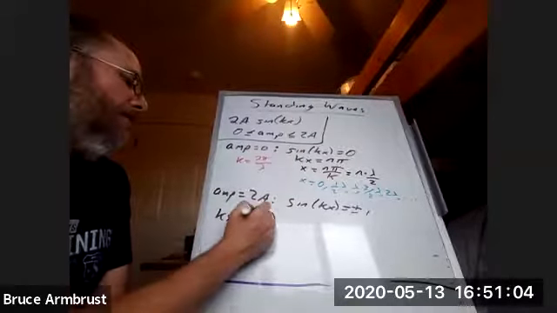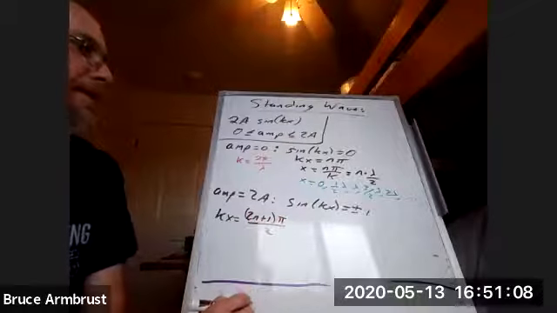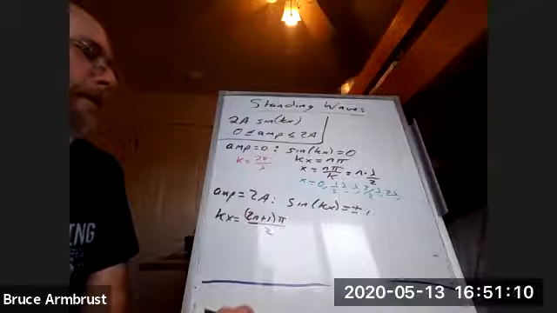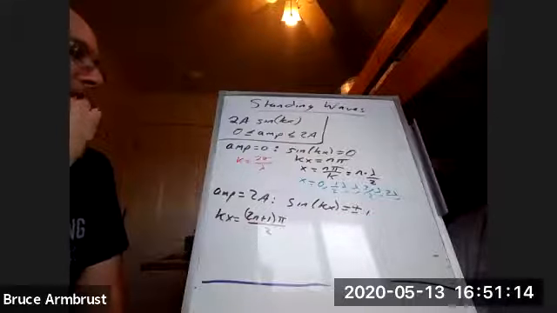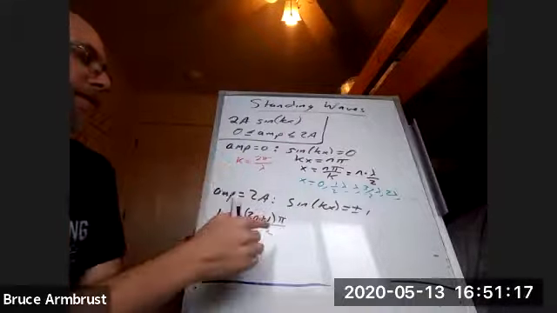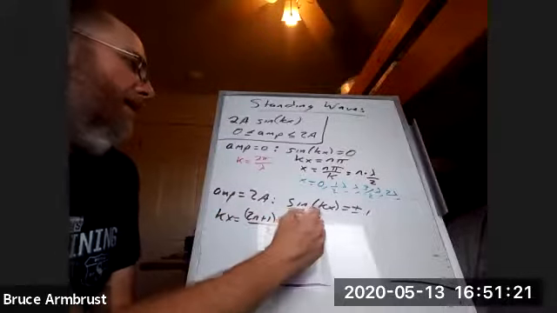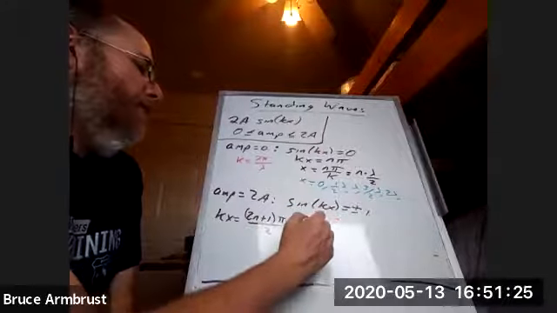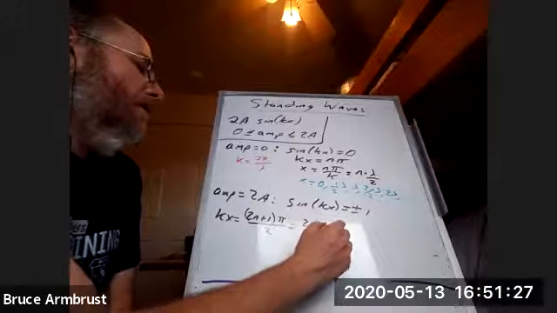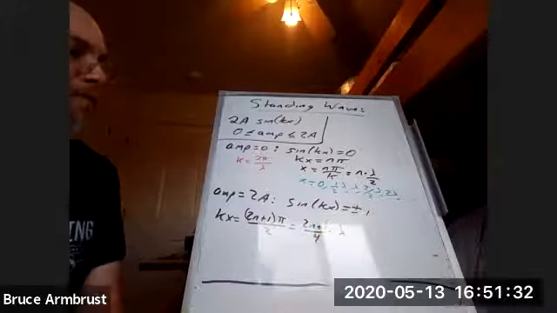So (2n plus 1) times pi over 2. And we do the exact same thing where we do the whole 2 pi over lambda and whatnot. And what we're going to get there is (2n plus 1) over 4 times lambda.